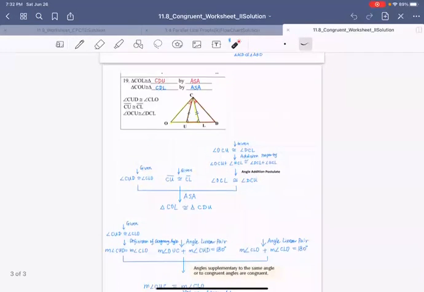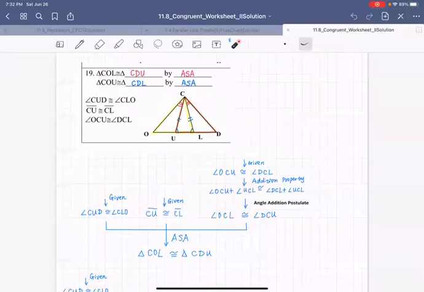For example, here they tell you this angle CUD, and they tell you this angle equals this angle. They tell you this line equals this line, and they also tell you this angle equals this angle.